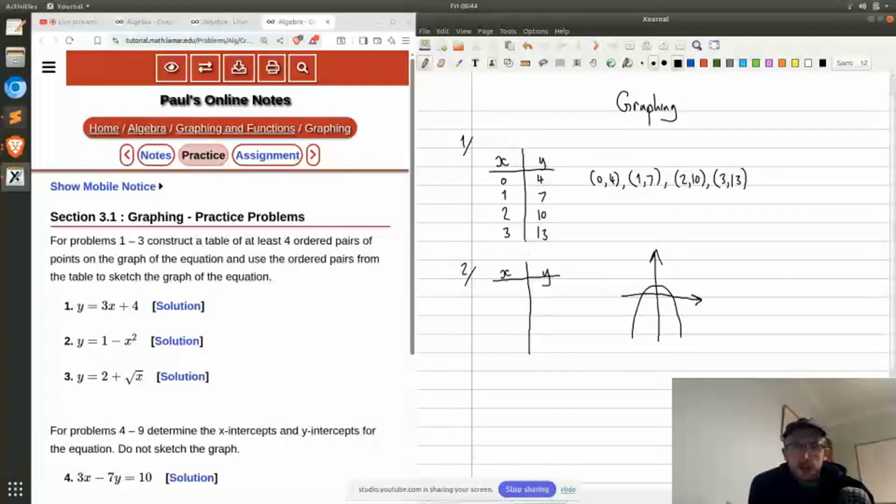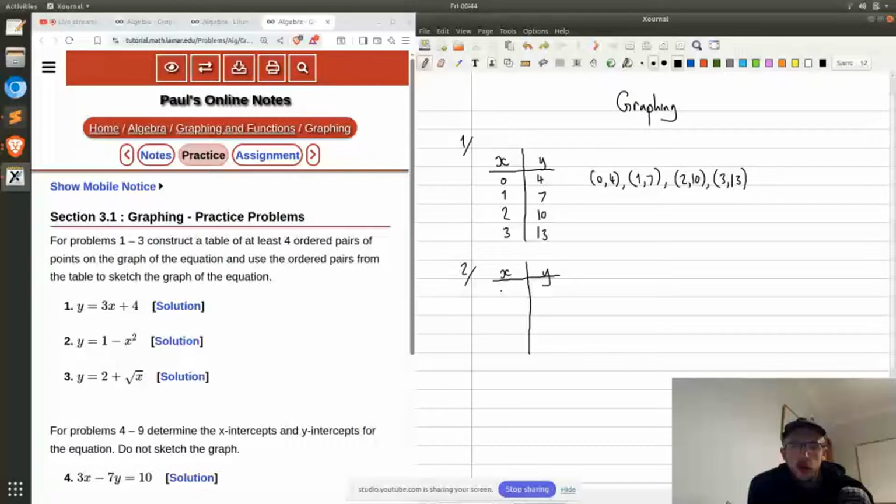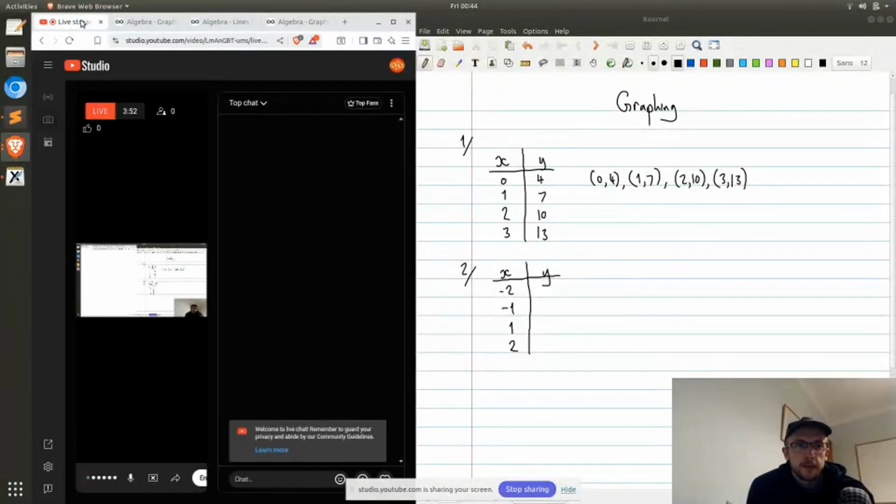If I just use 2 and 3, I'm just going to get one side of that curve. And I would like points on both sides of the curve, right? Use -2, -1, 1 and 2 for my points.